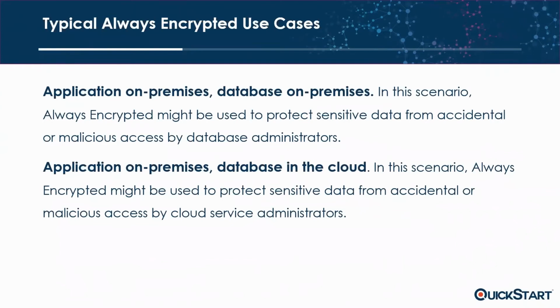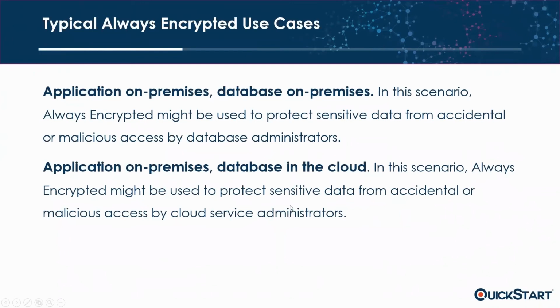But with Always Encrypted, the main use case is that we would still be able to protect data from data admins. Yes, even if you're hosting my database, you still can't touch that column which I encrypted using Always Encrypted. And this would be another use case, where I have my application on-prem, but the database is lying on the cloud, which means I'm scared to send the data out.